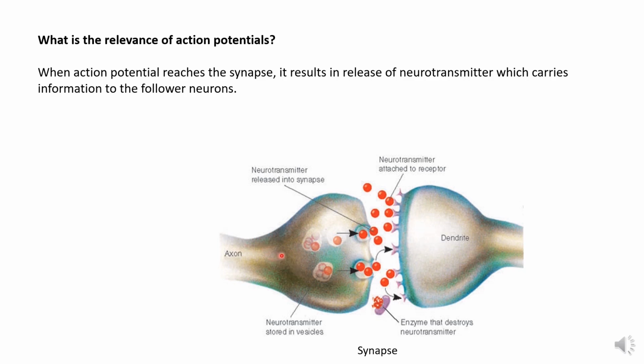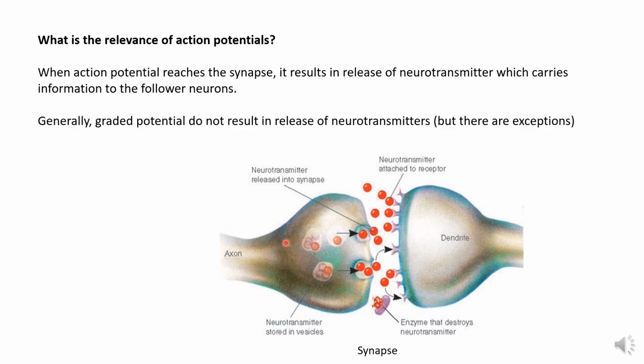And if you have a graded potential, that is a small depolarization in this neuron, which is not crossing the threshold of generating an action potential, then that small depolarization will typically not result in the release of neurotransmitters. But there are some exceptions. So there are some neurons that do not have action potentials at all, maybe because they do not have the voltage gated sodium channels.